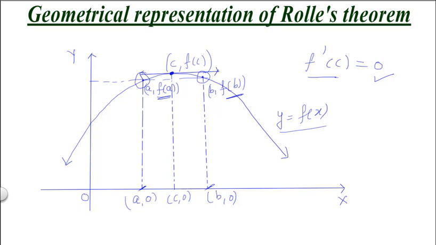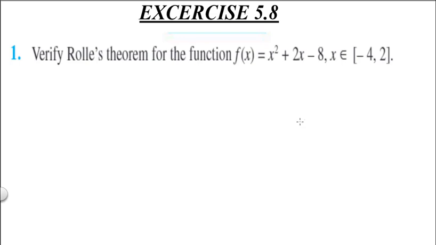How to use this in the question? So let us go to the exercise and do one or two questions based on Rolle's theorem and Lagrange's theorem. Right. So in exercise 5.8, I'll be just finishing question number 1 now. In question number 1, they're asking us to verify Rolle's theorem for the function, which is a polynomial function, and the interval is given from -4 to 2.